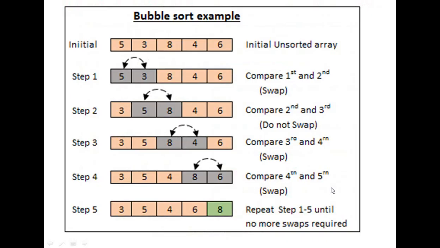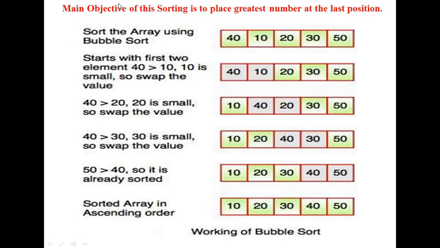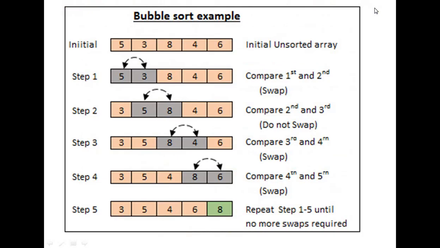Now we can see one more example. These are the numbers 5, 3, 8, 4 and 6. As per the definition, the objective of this sorting is to place the greatest number at the last position. Here 8 is the greatest number, and we'll place it at the last position.